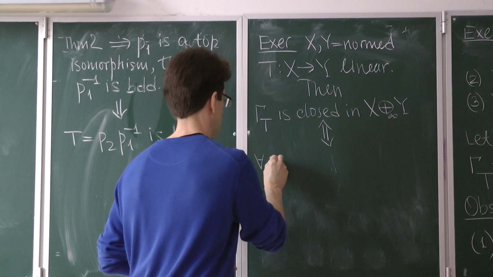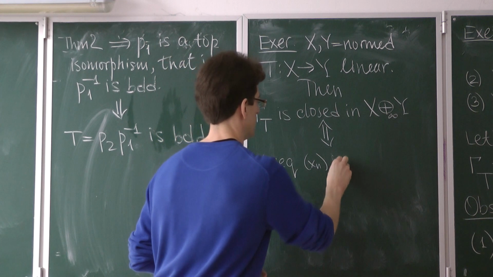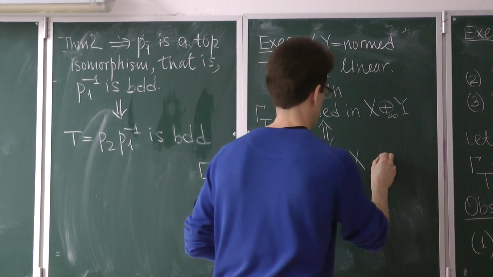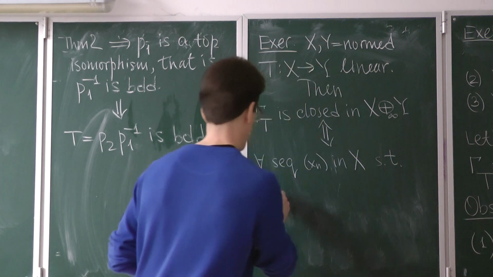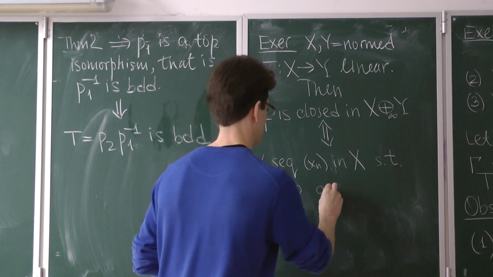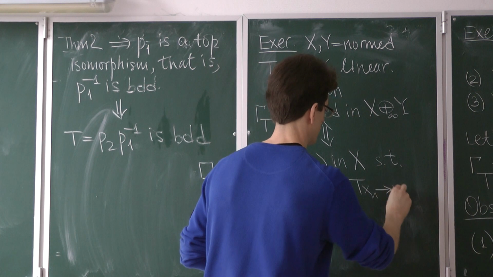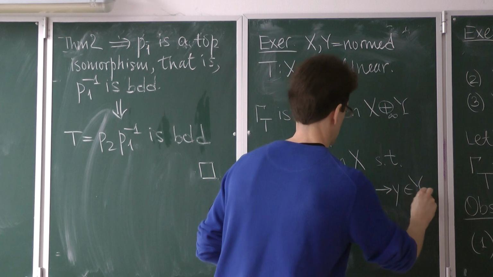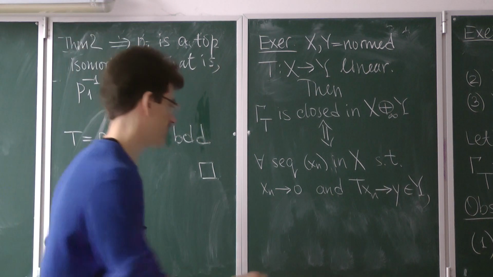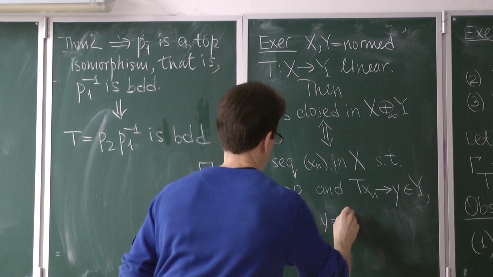For each sequence xn in X such that xn goes to 0, and such that T of xn goes to some element y, we have y equals 0.